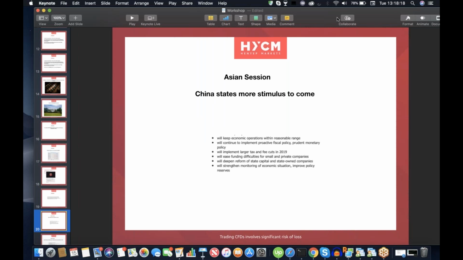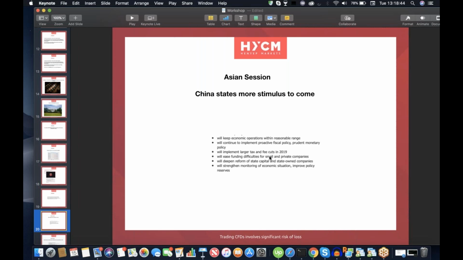Now, in the Asian session, there was some interesting news out of China that moved the market. They basically said that there's more stimulus to come. They're going to keep economic operations within a reasonable range. They're going to continue to implement proactive fiscal policy. They're going to be prudent. They're going to implement larger tax and fee cuts in 2019. All of this is business and growth positive.